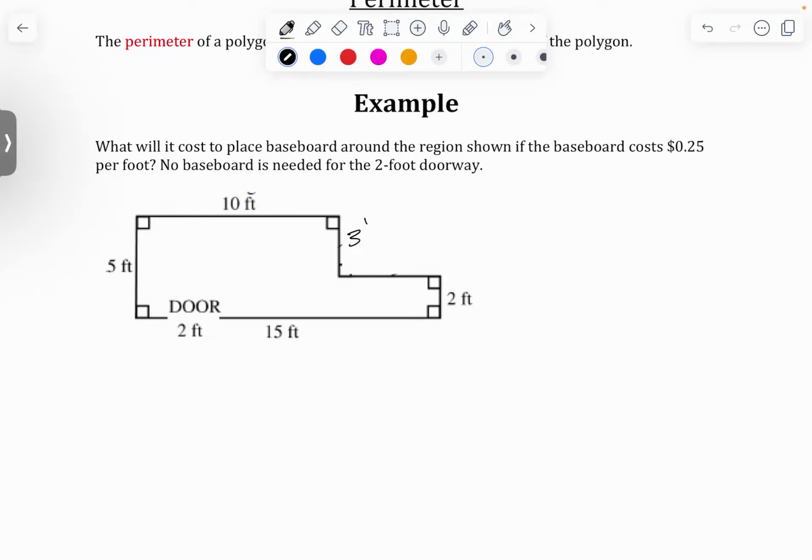So perimeter is definitely something that you should be familiar with, but we are going to continue to use dimensional analysis and conversions. It is without a doubt one of our huge things that we emphasize.